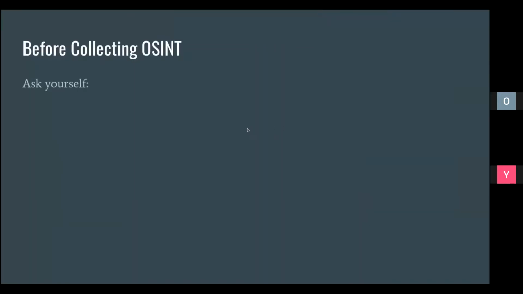So before that, when collecting OSINT, there are some questions you should ask yourself. The first one is, what am I looking for? I'm looking for some email address or someone's phone number. The second thing you should consider is, what or who is my target?